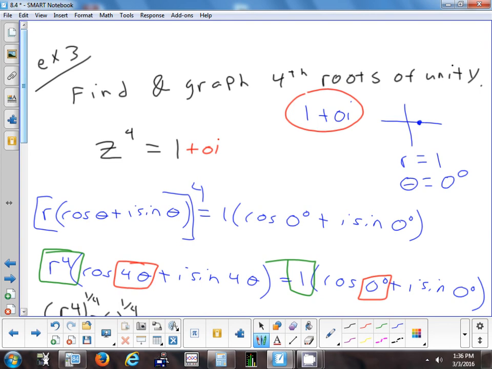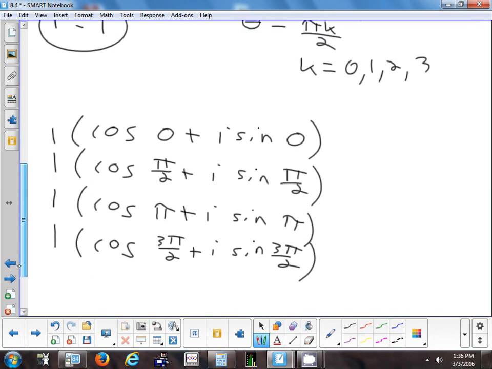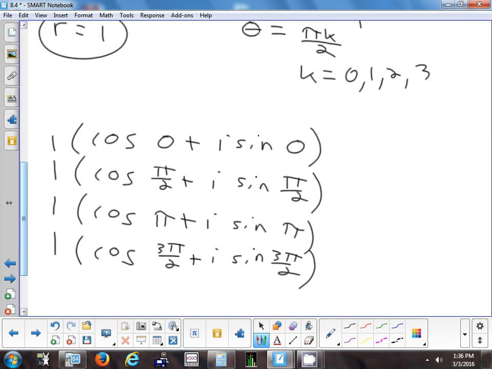All right, let's change these to rectangular, and you'll see that these are all very nice answers. Let's just go through them. What's the cosine of 0? 1. What's the sine of 0? 0. What's the cosine of pi over 2? 0.